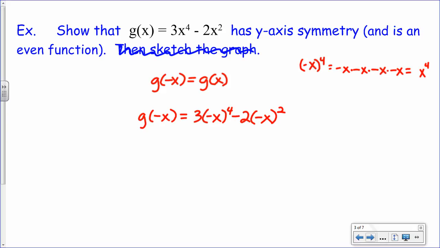So I just get x to the fourth. So if you have any even power, then the negatives become positive. So anything with all even exponents would just be.